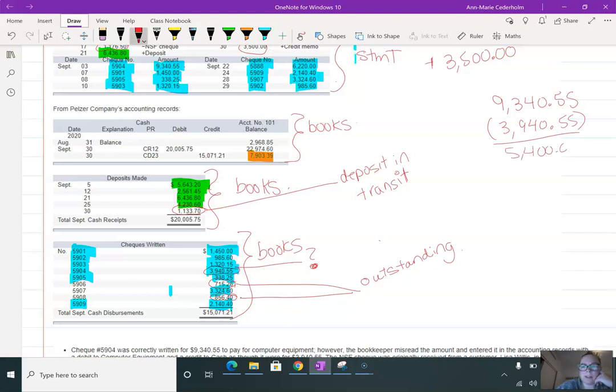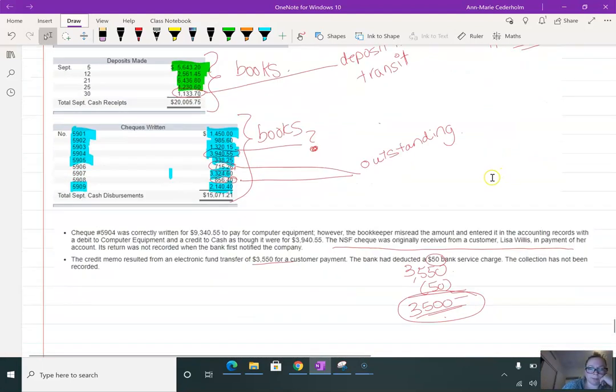Okay, so I need to know who made the mistake. Did the bank make a mistake or did the bookkeeper make the mistake? Most times it's usually the bookkeeper. So let's just look at the additional information because I don't know if I need to add that difference or subtract that difference. It says check number 5904 was correctly written for 9340.55 to pay for computer equipment.